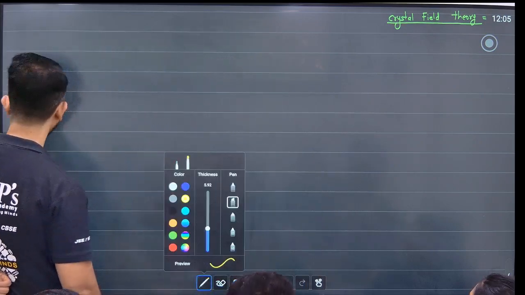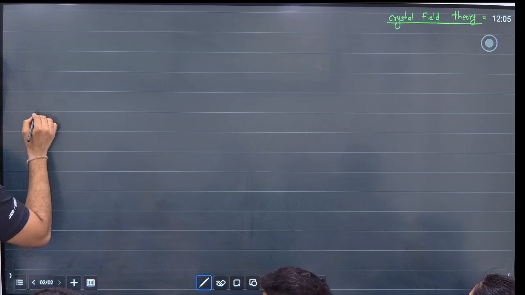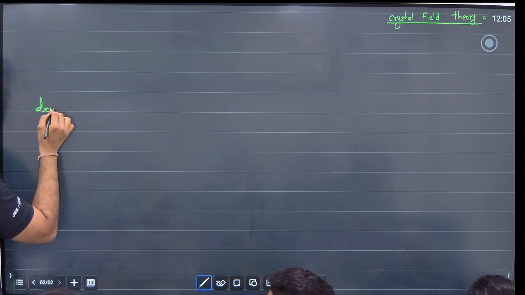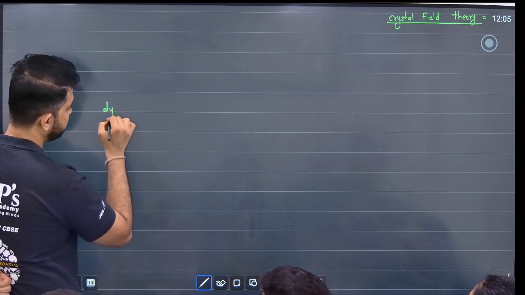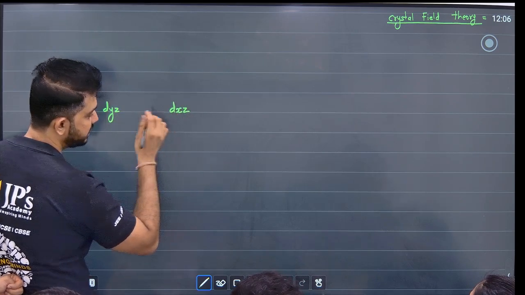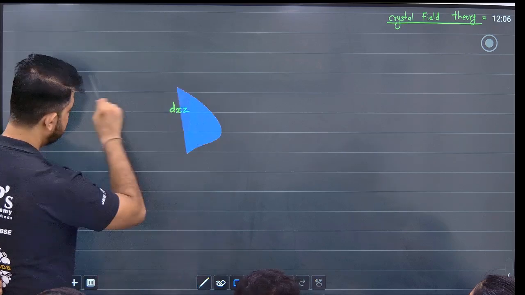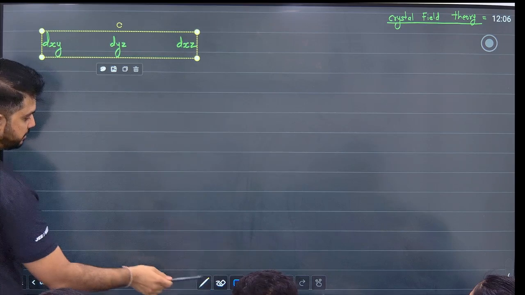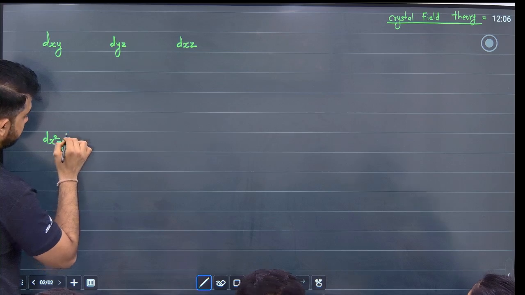Can someone give me the 5 orientations of the d subshell? dxy, dyz, dxz. Very good. dx square minus y square and dz square.